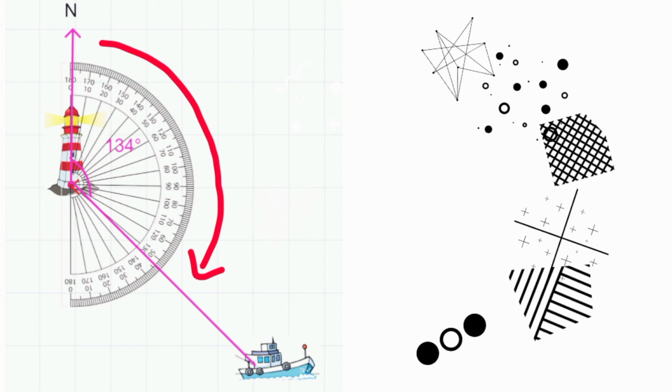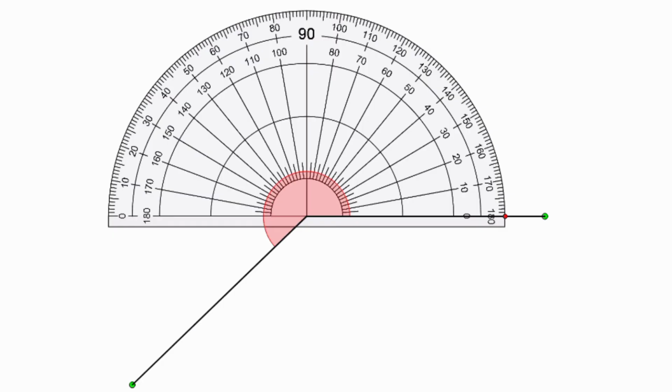Starting to count from 0 towards the boat, you can count up to 130, and there are small magnitudes between 130 and 140. So it gives us a magnitude of 134 degrees.